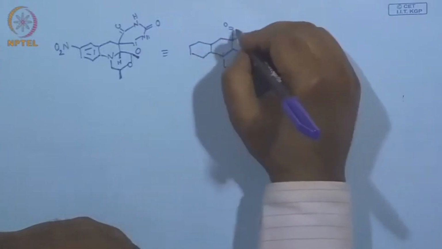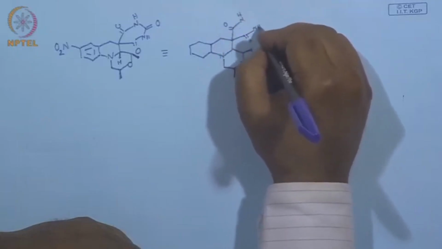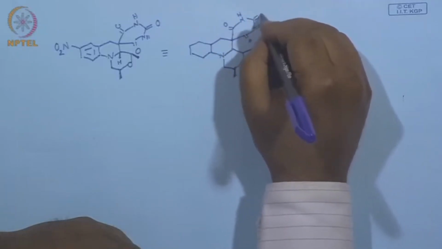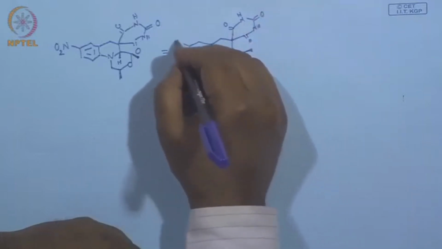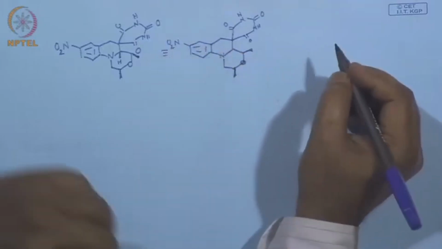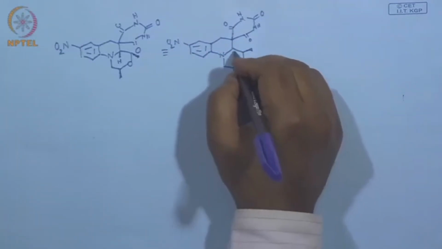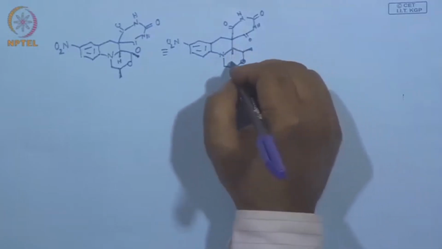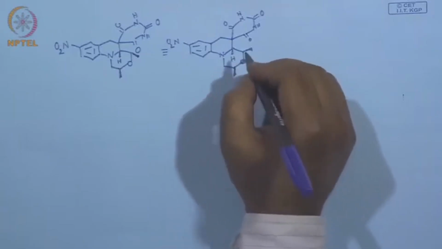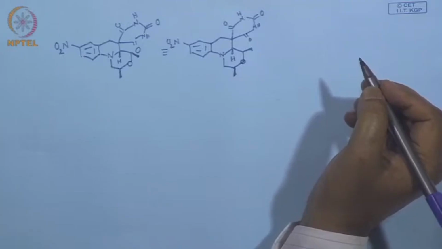So, what you see here is a 1,3-dicarbonyl compound, then NH, and then NH here, and this is a nitro group. During a screening study, this was found to be a very active antibiotic. And this hydrogen is here, and this methyl group. So, all these, the hydrogen, this methyl, and this methyl are cis to each other.